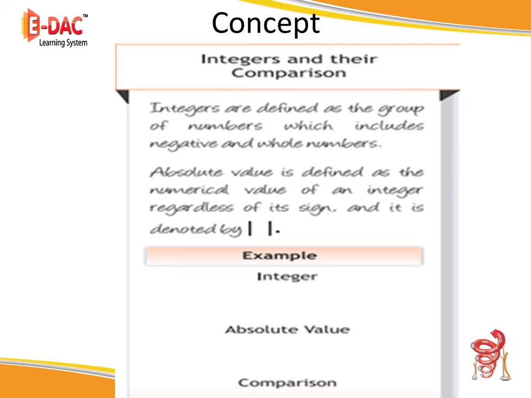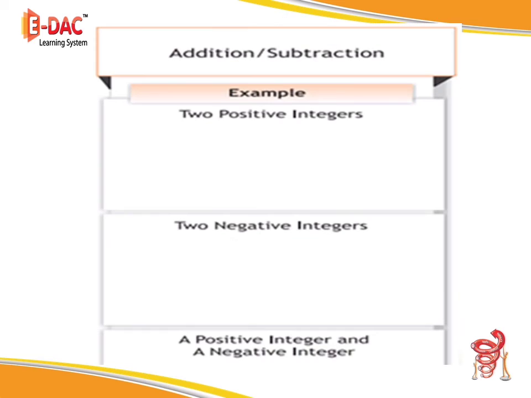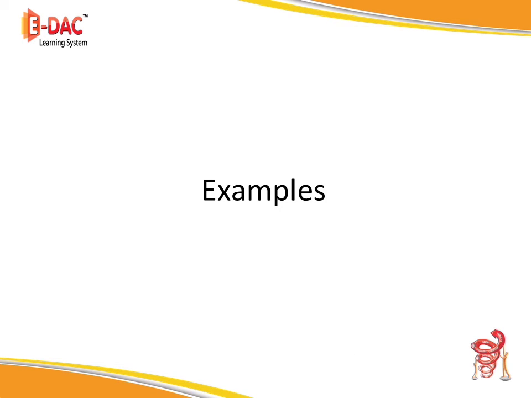Addition or subtraction examples: two positive integers, two negative integers, a positive integer and a negative integer.